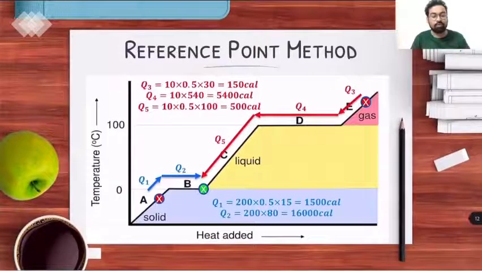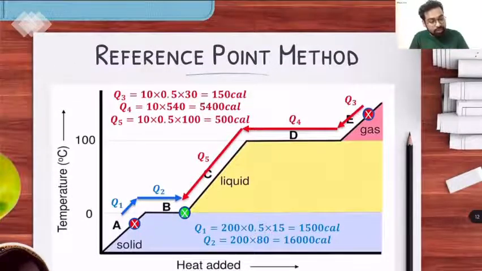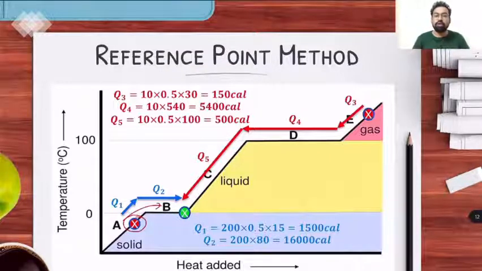Now comes the calculation point where I have written down how much heat would be taken and how much heat would be given. Let us talk about ice first, that is this point A. We are going from A to B. That is, we are going to give some heat to ice so that it reaches water at 0 degrees Celsius. How much heat should we give?